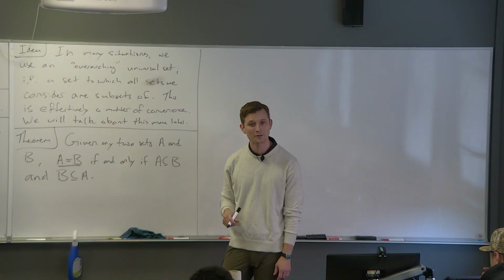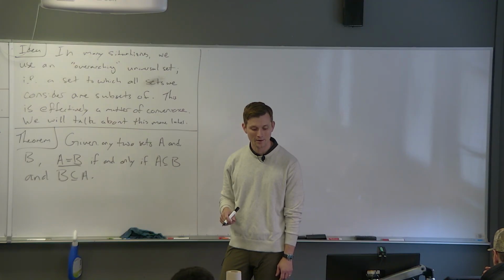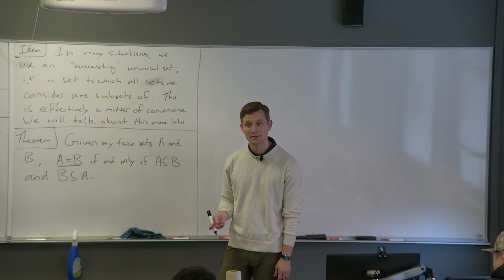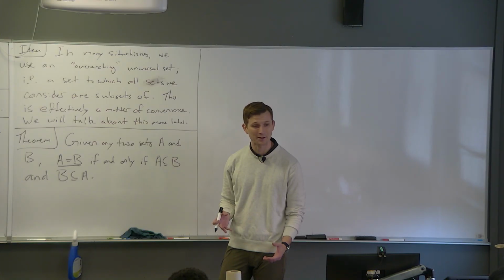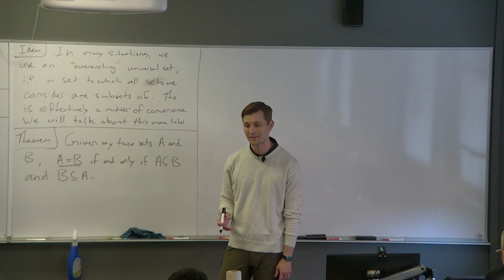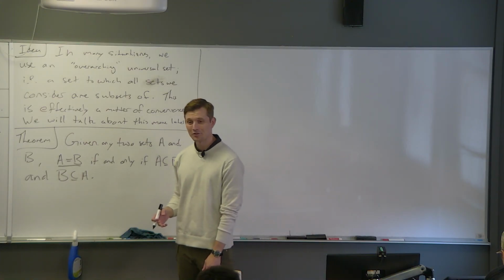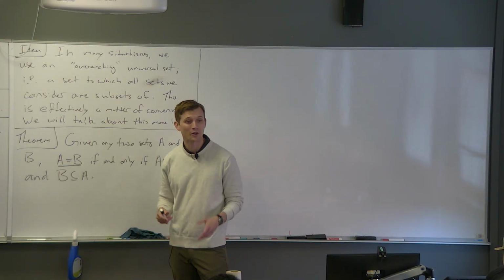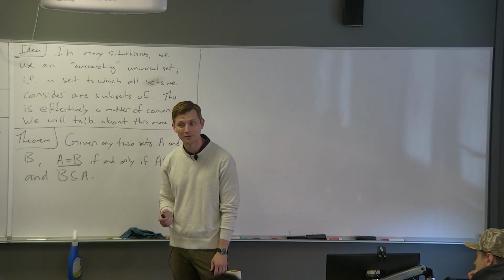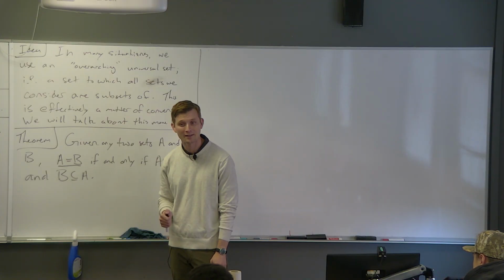This will actually turn out to be one of the most powerful and valuable tools we have for showing that sets are equal, since usually it's difficult to go through and show individually that they have exactly the same elements. If our sets are not nice and small, like many of the ones I've been writing on the boards as examples, but a genuinely large set, it can be difficult to show that they have exactly the same elements.